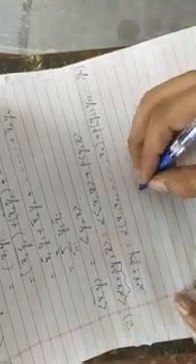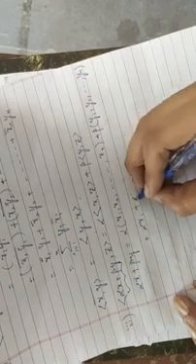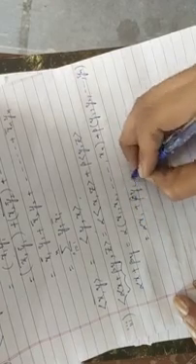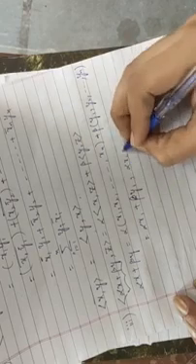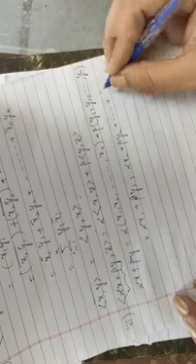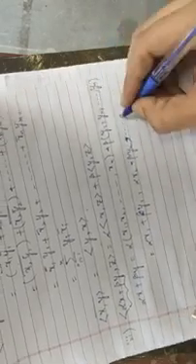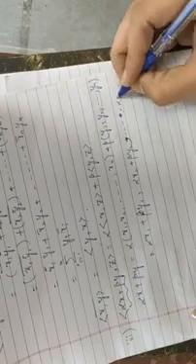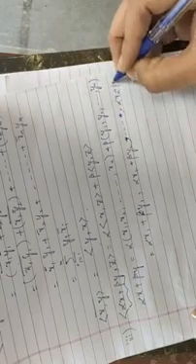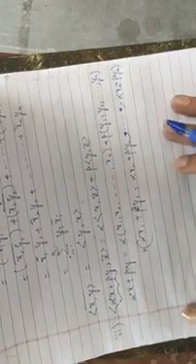So this is nothing but alpha x1 plus beta y1, comma alpha x2 plus beta y2, comma, so on up to alpha xn plus beta yn. This is your alpha x plus beta y.